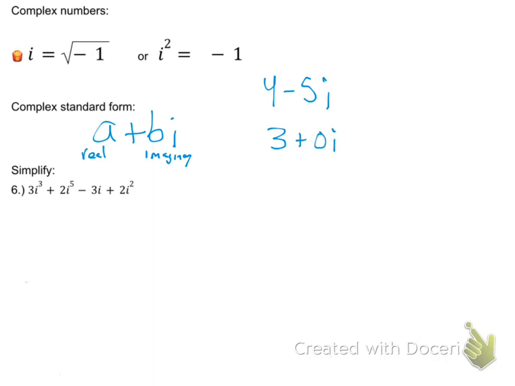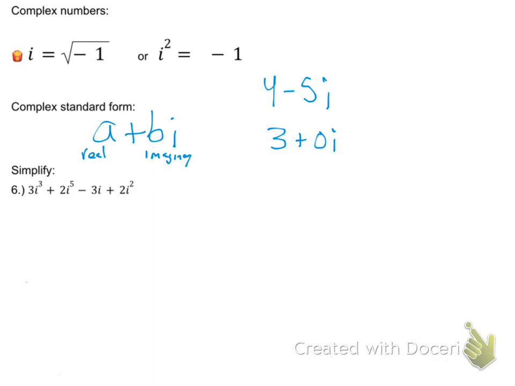So if I ask you to take any real number and write it in complex standard form, it would be the real number plus 0i. Okay? Got it, sir.